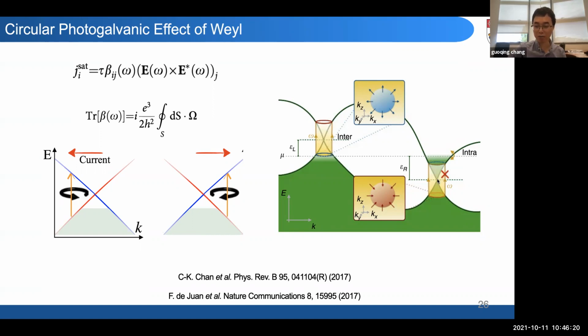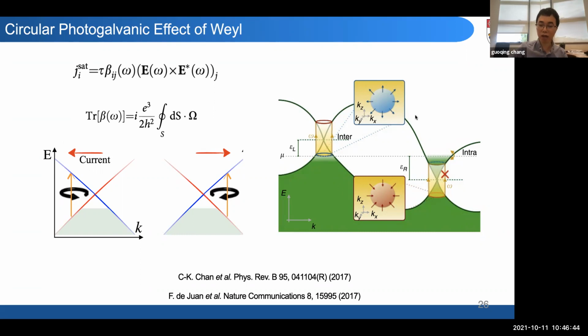However, for the lower Weyl cone, both bands are fully occupied, so optical absorption is forbidden. In this way, you can have photocurrent induced by one Weyl node only, which is proportional to the Chern number.